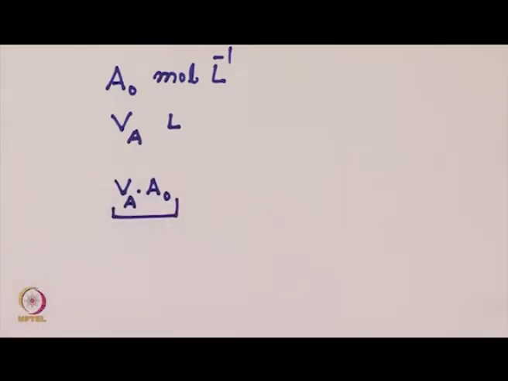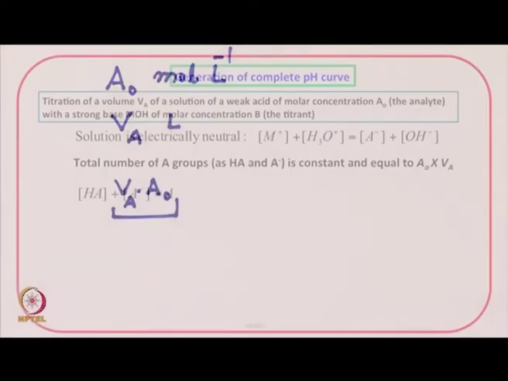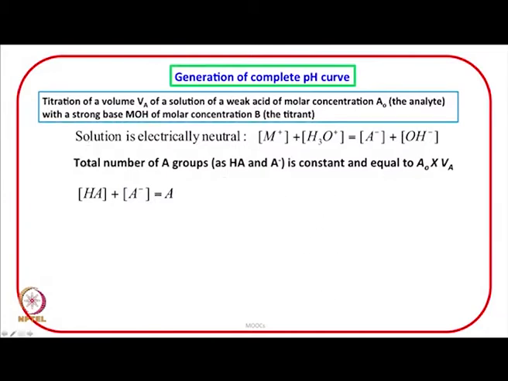That is the amount of A groups. And let us go to the slide. Total number of A groups is constant and is equal to A0 into whatever is the volume of the weak acid added. And this has to be constant. Whatever HA plus A minus, this is equal to total number of A groups.